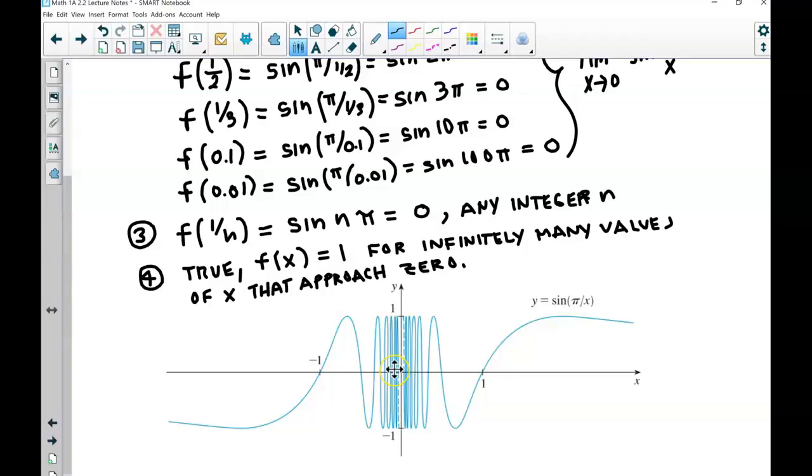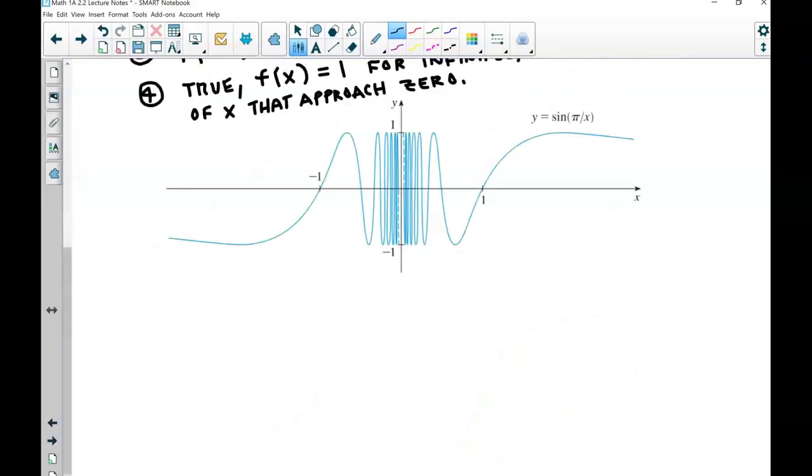So, since the values of f of x do not approach a fixed number as x approaches 0, what we would say for this result is that it does not exist.